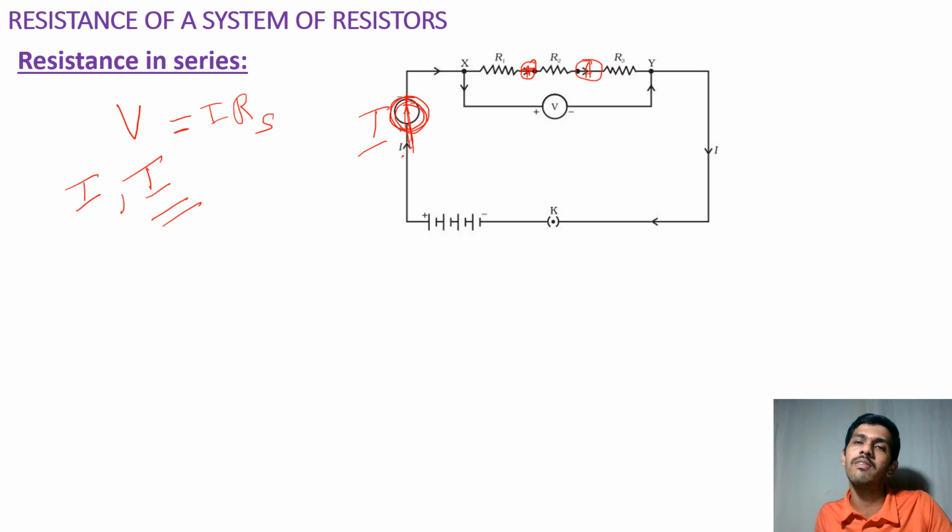Now I keep the ammeter here only, as in the initial stage, but I change the voltmeter.